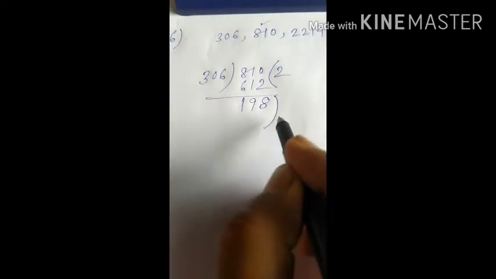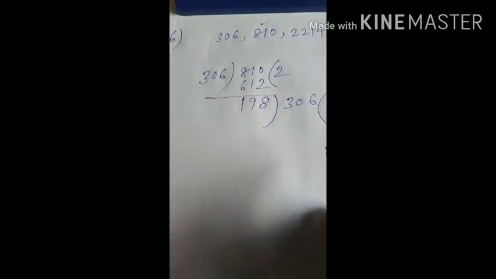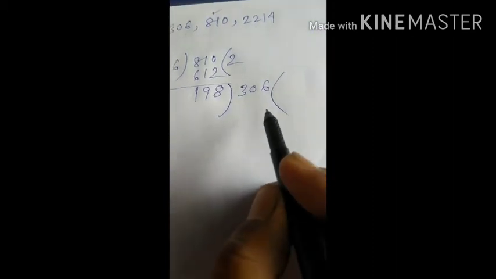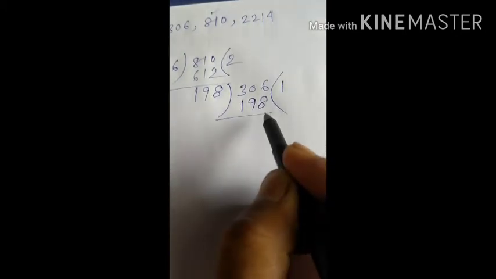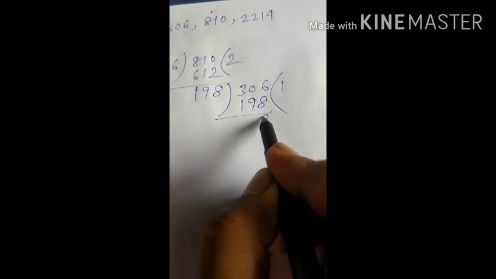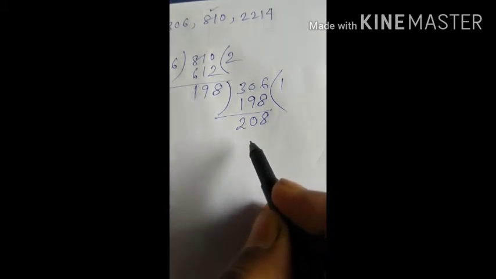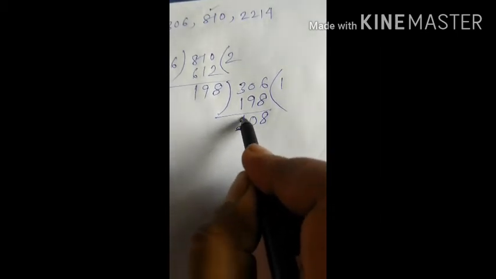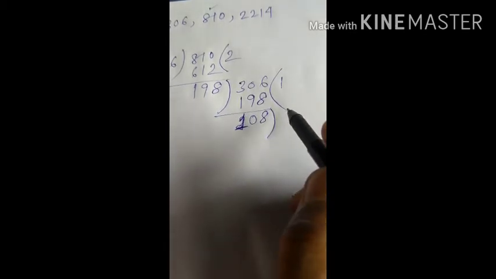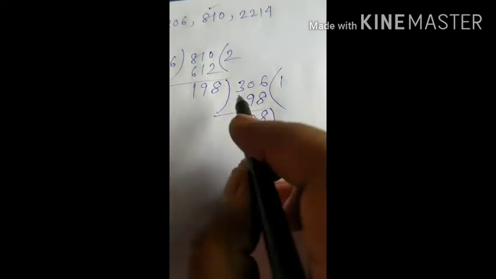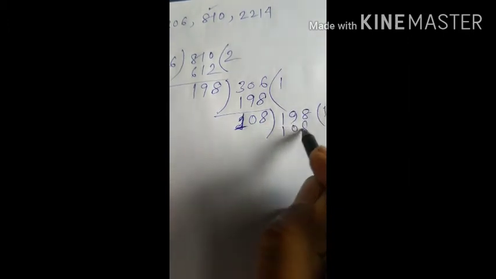Now we have to divide 306 with the help of this number, that gives 198, then 108. Okay. Now we have to divide it with the help of 198, 108.